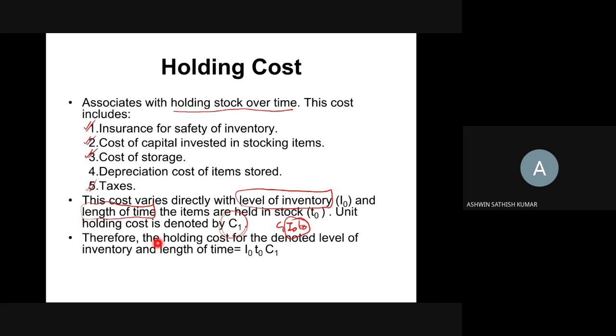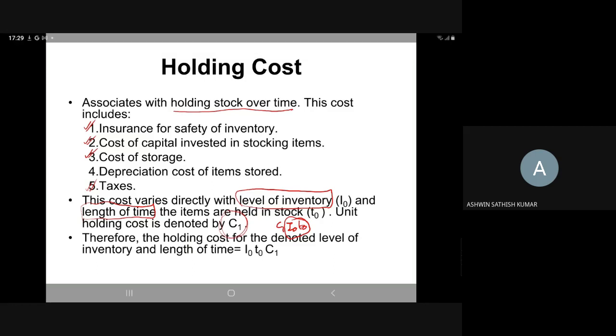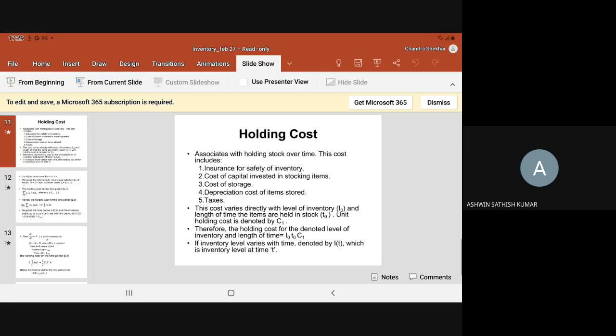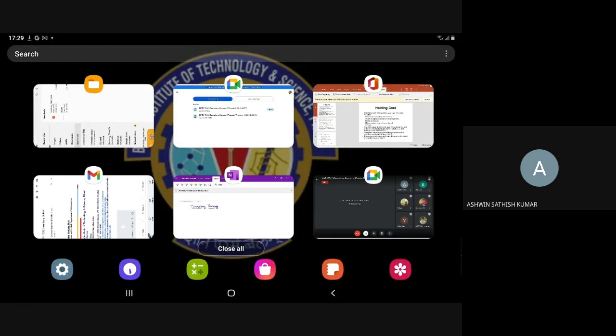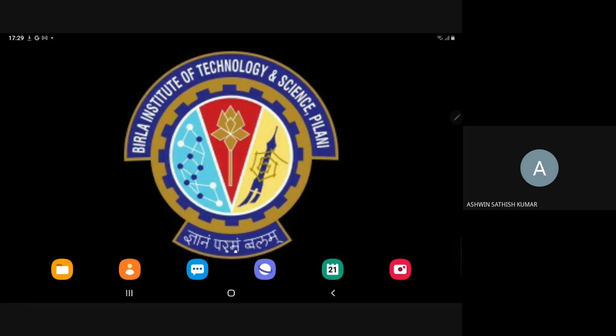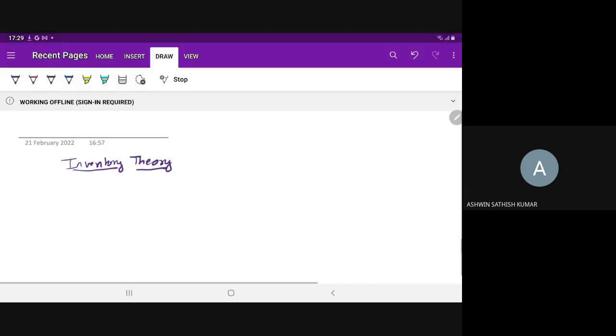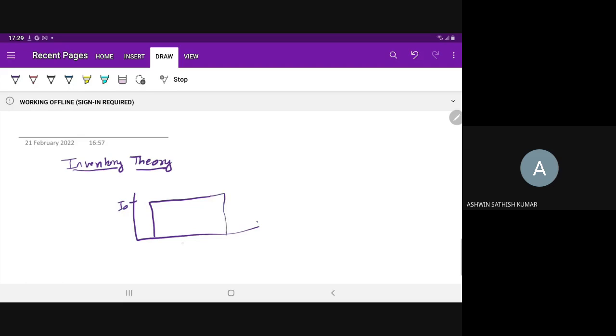For example, if I'm saying that here we have the inventory level I naught, and you have to maintain the inventory level for the period T naught, so the total inventory cost will come C1 I naught T naught.